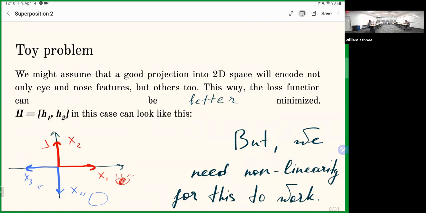But since there are not enough dimensions to squeeze them all without interference, a good model tries to put them into a superposition. So in superposition, features are interfering with each other.